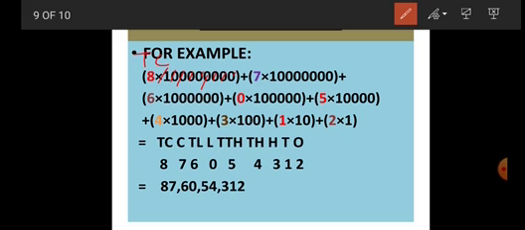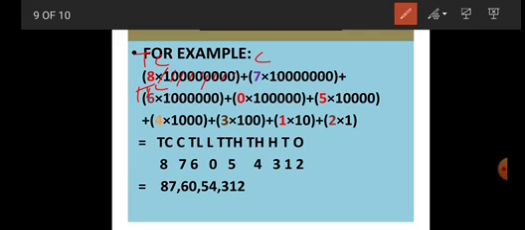We can find the place of the 8 digit. The place of 8 is 10 crore. Then ones, tens, 100, 1000, 10,000, lakh, 10 lakh, crore. The 7 place is crore. Ones, tens, 100, 1000, 10,000, lakh, 10 lakh. 6 is in 10 lakh.